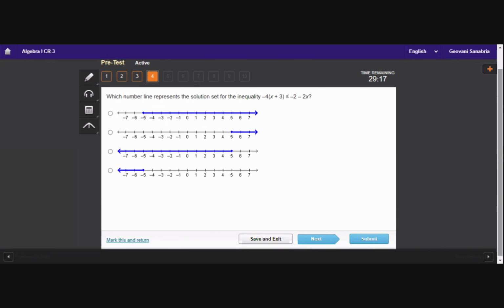And then I get 2x, negative 12, greater than or equal to. So this time I'll divide by the negative 2, right? Oh, no. I can add the 2 to both sides to the negative 12. Yeah. Negative 10 is greater than or equal to 2x. Now I'm going to divide the 2x by the 2. Divide by the 2. Yep.